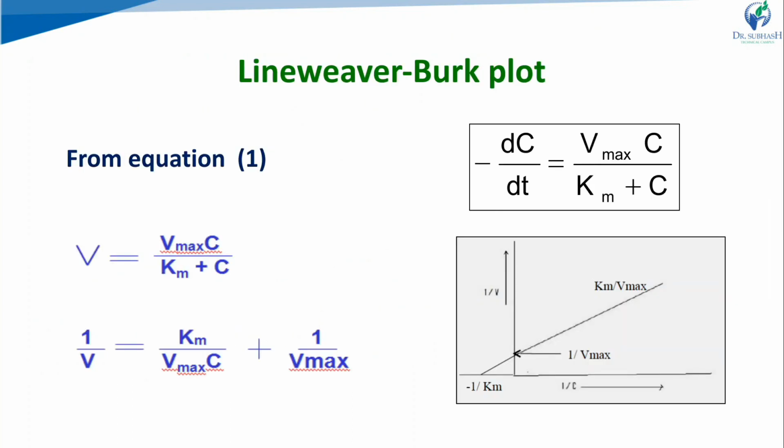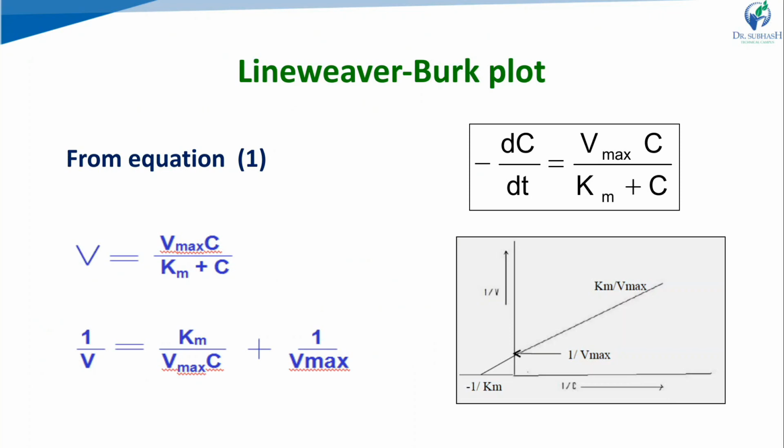Next we go for the second approach, that is the Lineweaver-Burk plot. We see the original equation, minus dC/dt is equal to Vmax into C upon Km plus C. We go for the reciprocal plot, the double reciprocal plot or Lineweaver-Burk plot.